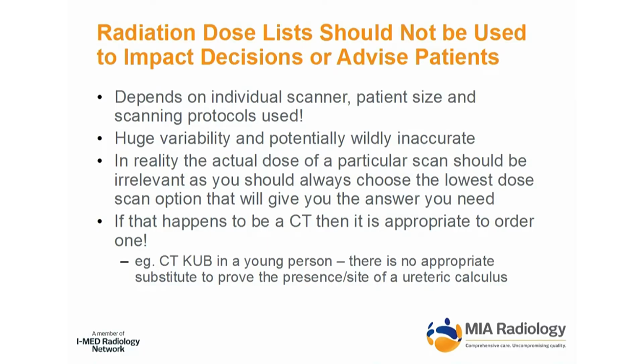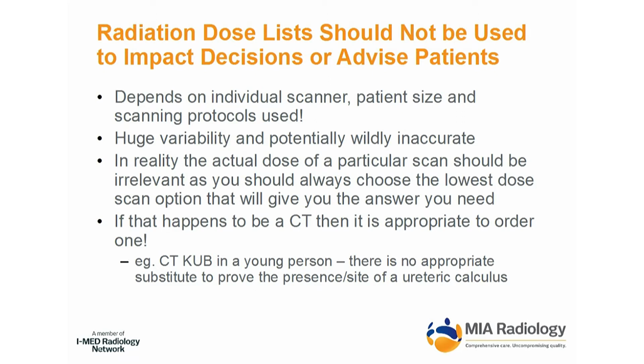Alternatively, people sometimes get hung up on actual doses, dose quotes. You see the dose tables that are published, and when you have a CT of your lumbar spine, you're going to get X millisieverts, or when you fly from Melbourne to London, you're going to get the same dose as a chest X-ray. Relative correlations are useful to give patients an idea and for you to think in your mind, but absolute figures are very misleading.